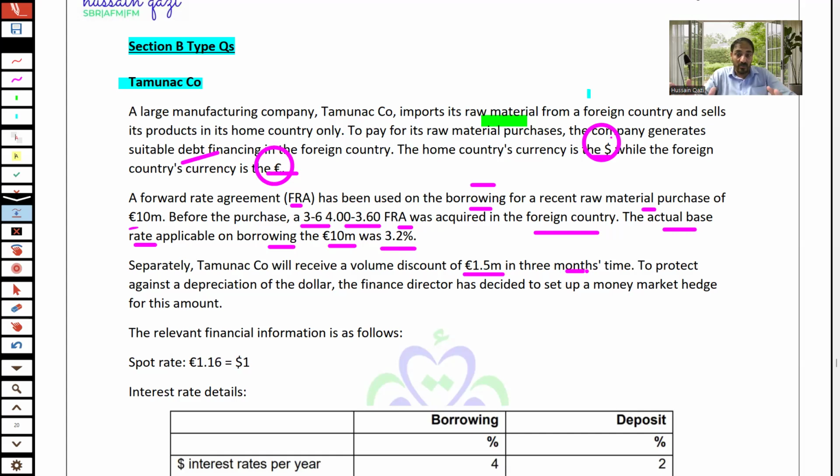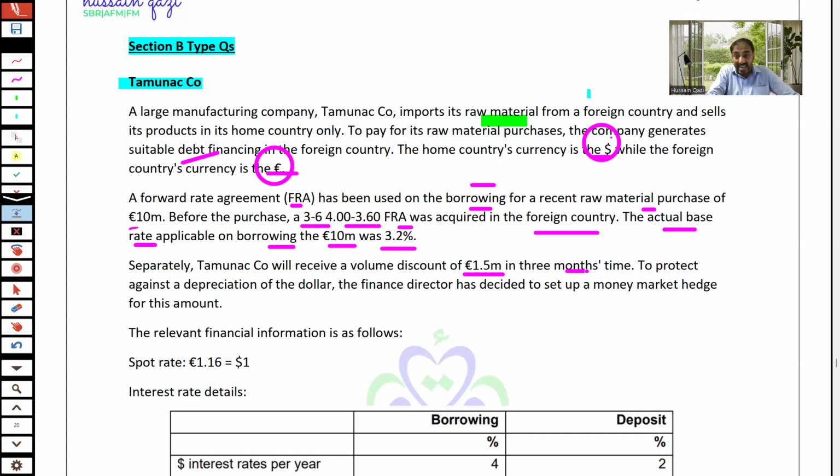Volume discount 1.5 million euro. That is something expected to receive, based on volume discount. The volume discount is also a matter of receivables. So the main point is simple: expected to receive 1.5 million foreign currency.